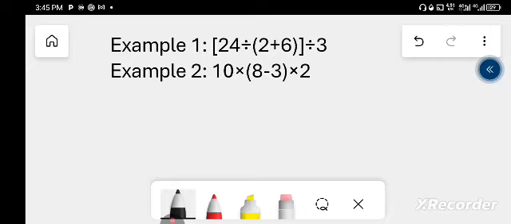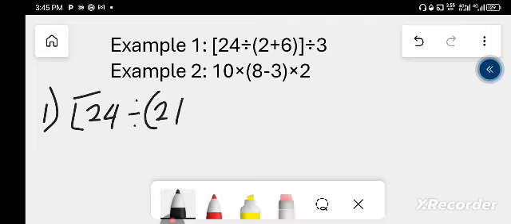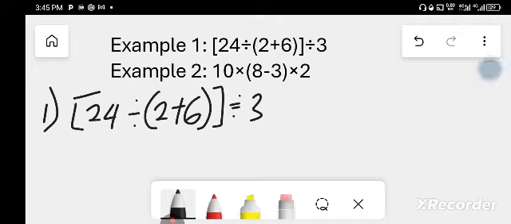The first one is 24 divided by, open another bracket, 2 plus 6, then close the brackets, then divided by 3. For us to follow the order of operation, we have to solve the small bracket inside first.